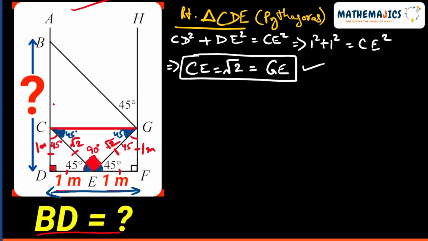They both are parallel to each other. So this angle, angle BCG, will turn out to be 90 degree. Correct? As angle BCG is 90 degree, similarly, angle HGC will also be 90 degree. So let's mark this here, 90 degree each. Correct.